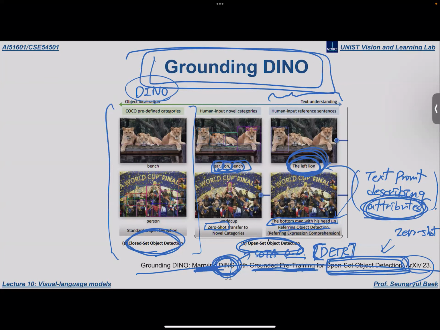When capturing this bounding box, they can reflect not only the class name but also further input the attribute during the bounding box search in their object detection pipeline. That's what Grounding DINO wants to achieve.